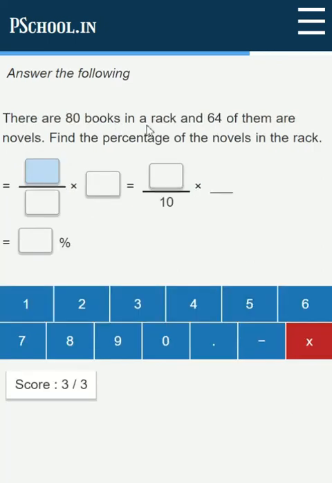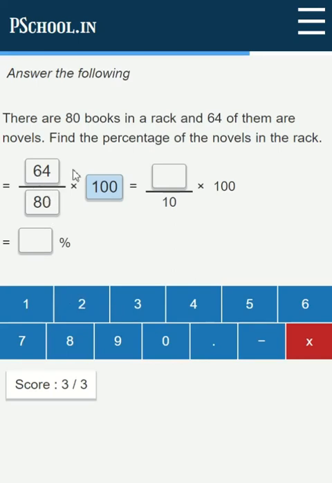There are 80 books in a rack and 64 of them are novels. Find the percentage of the novels in the rack. Here percentage is not given in the question, but the number of novels and total books are given. So let us write the fraction 64 by 80. To convert it into percentage, we have to multiply it by 100.